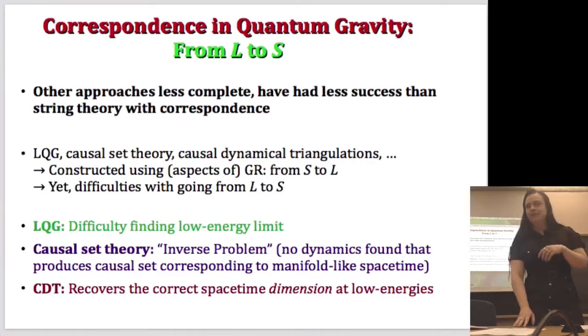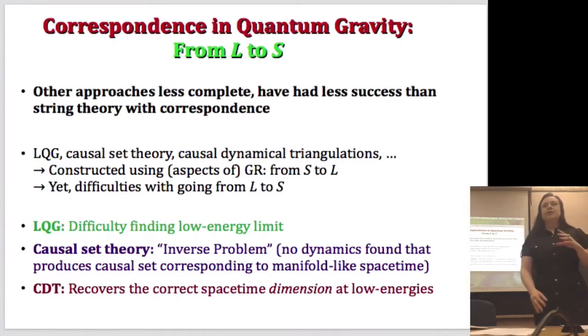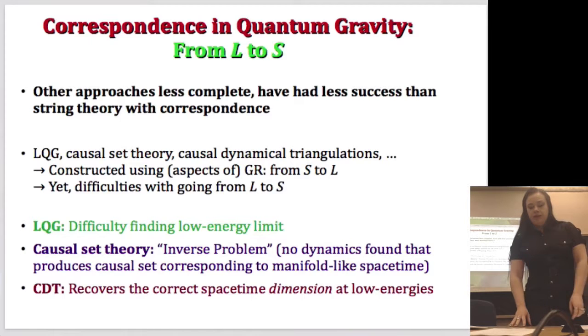In loop quantum gravity, we've got difficulty in finding the low energy limit at all. In causal set theory, there's this inverse problem where there's no dynamics for the growing causal sets that correspond to manifold-like spacetimes. Causal dynamical triangulations has had some success. It's managed to recover the correct spacetime dimension according to general relativity.